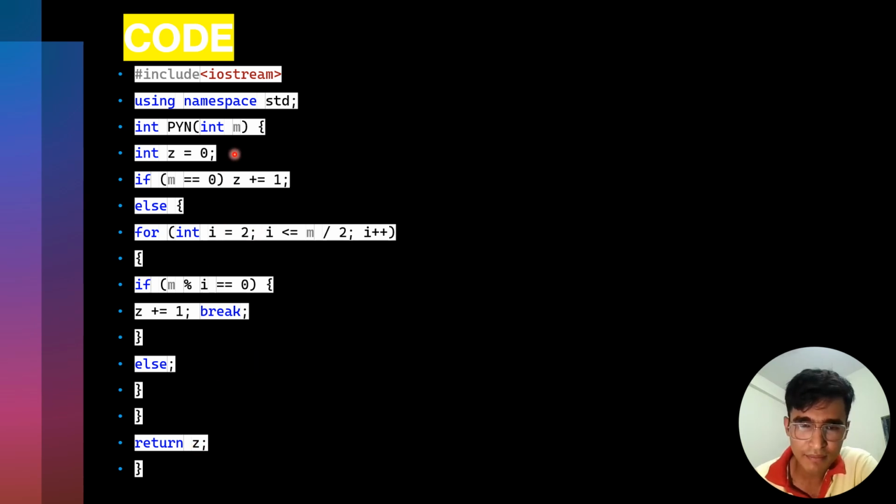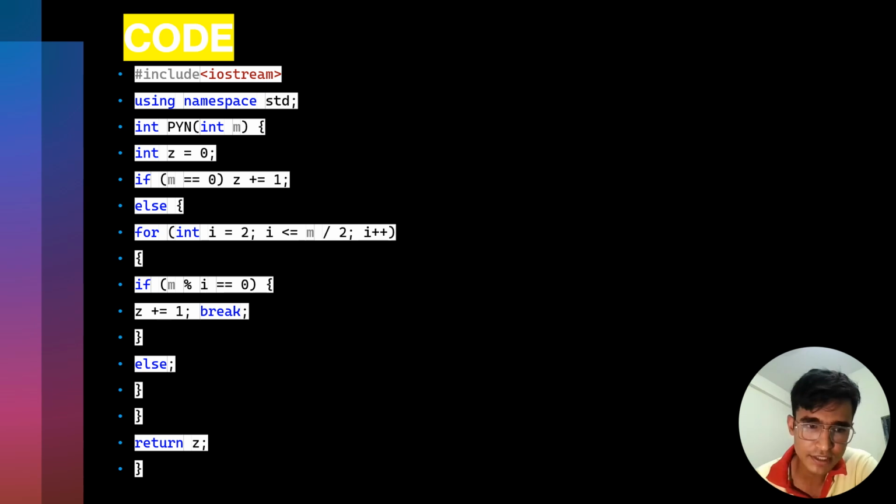If m is a prime number, then there will be no factor of m between 2 and m by 2. So every time it will check m modulo I, and it will not be equal to 0. So nothing will happen, the value will remain 0, so it will return 0 only.